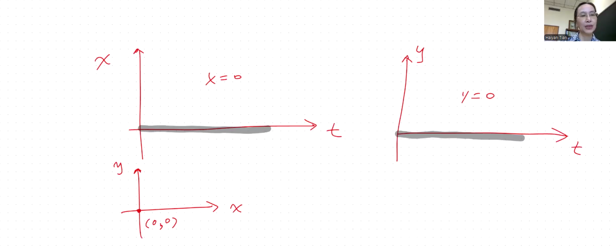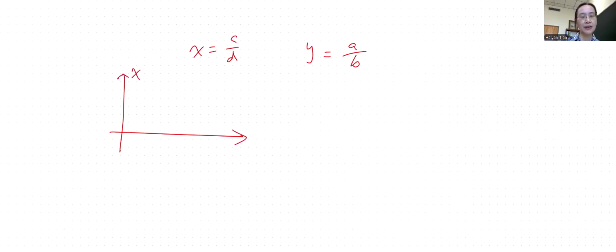So similarly, we can look at another constant solution we found. Remember the X is C over D. Y is A over B. So if we draw X as a function of T, this is a constant, right? C over D, just C as a coefficient over D, another coefficient, that's a constant. So C over D is just a value.